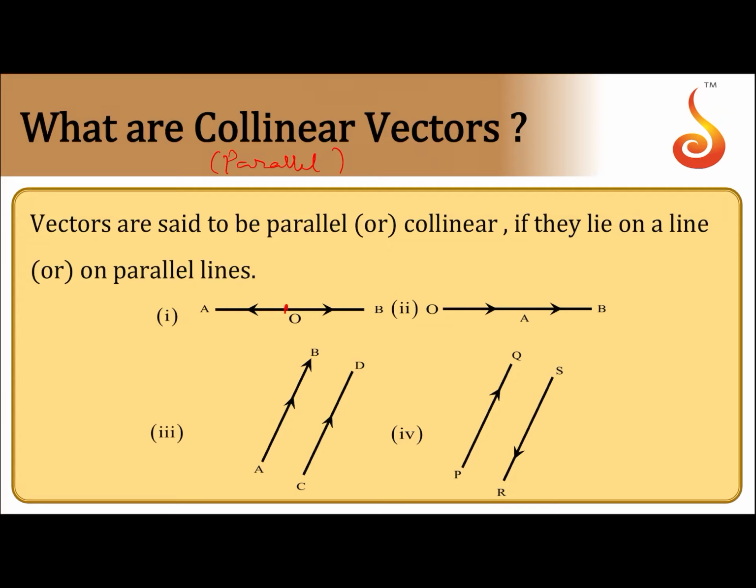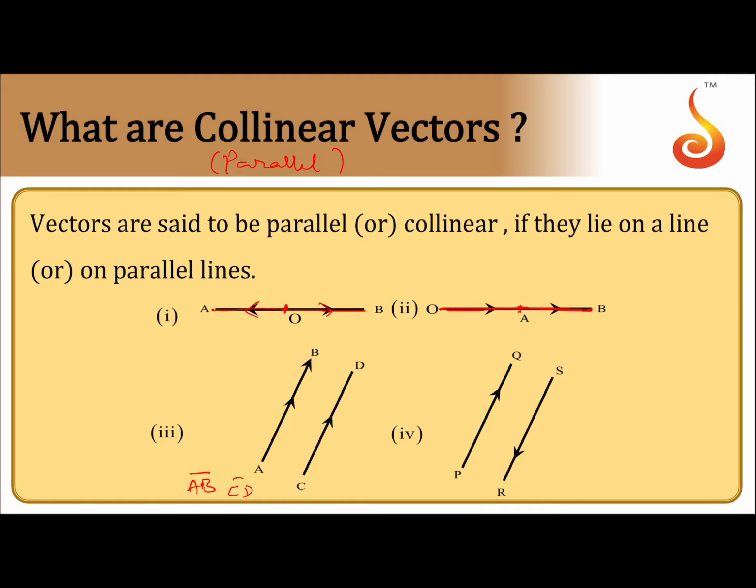Here, when you take two vectors, OA is one vector, OB is another vector, and they lie on the same line AB. Of course, AB is also one more vector, and they lie on the same line. Similarly, here AB bar is one vector and CD bar is another vector. They may or may not be equal in magnitude.